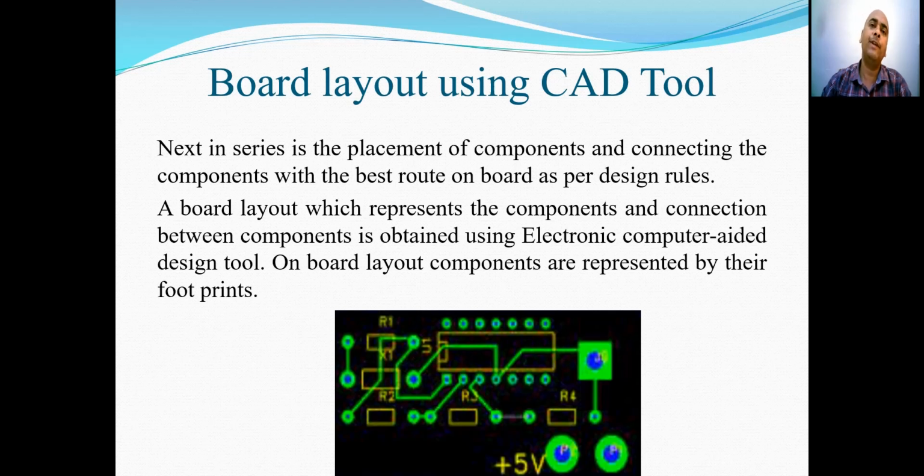That is, once we have made the schematic diagram, then after checking the design rules, the next step is the placement of components and connecting the components with the best route on board as per design rules. A board layout which represents the components and connection between components is obtained by using electronics computer aided design tool. On board layout, components are represented by their footprints.